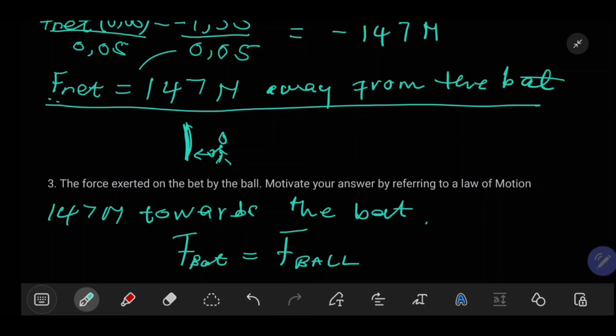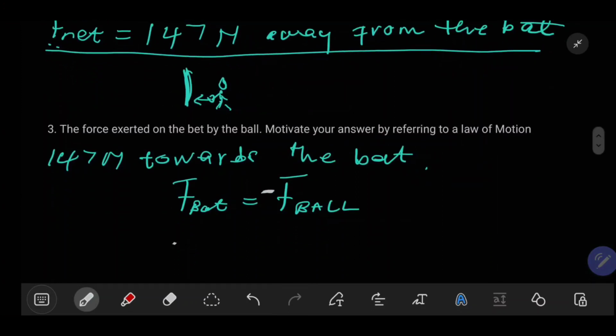But they are equal and in opposite direction. So if this one is positive, this one will be negative, so that they can be equal. If this one is applying 147 towards this one, this one will exert negative 147. So it's the same force but in the opposite direction. This is according to Newton's third law of motion.